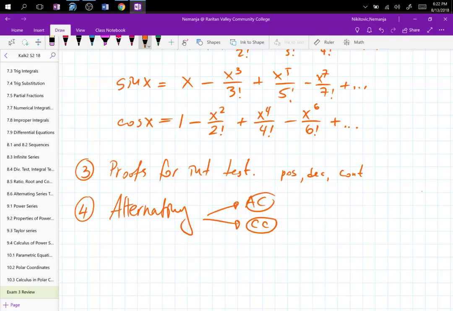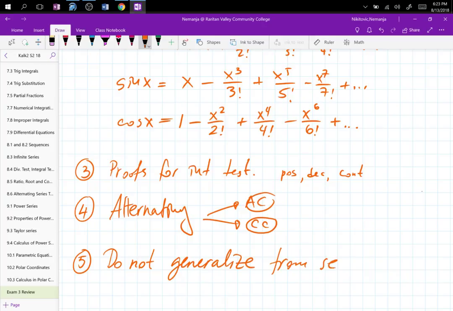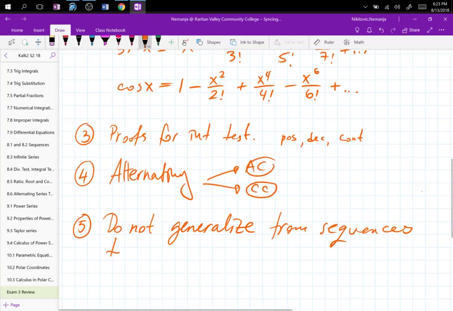What else? Please don't use sequence to make arguments for convergence of a series. That doesn't work. Do not generalize from sequences to series.